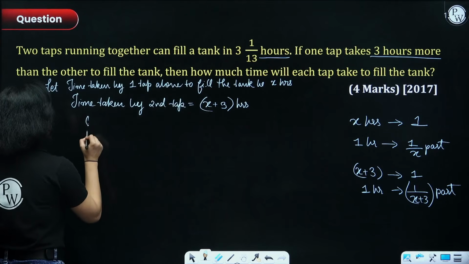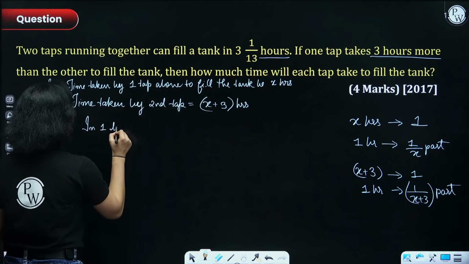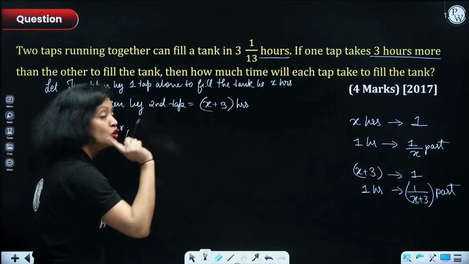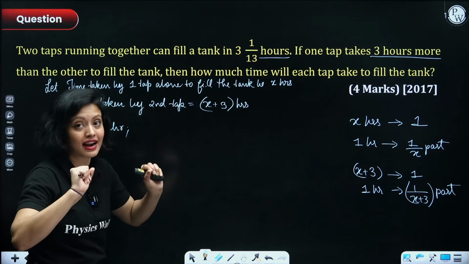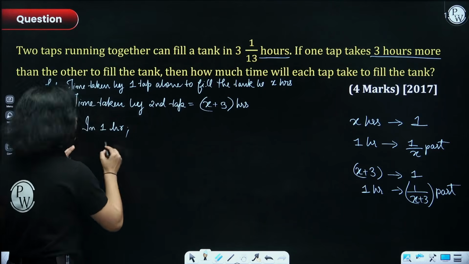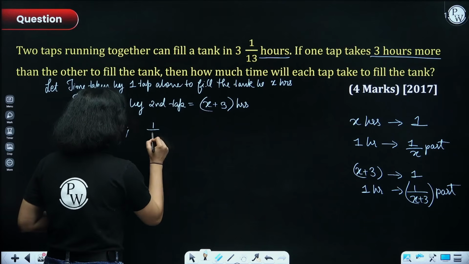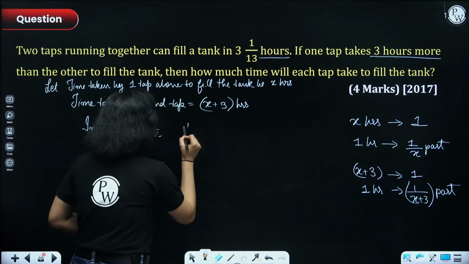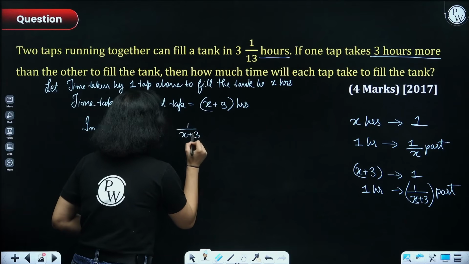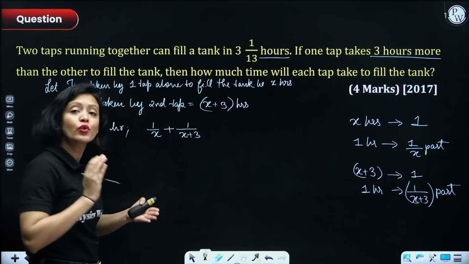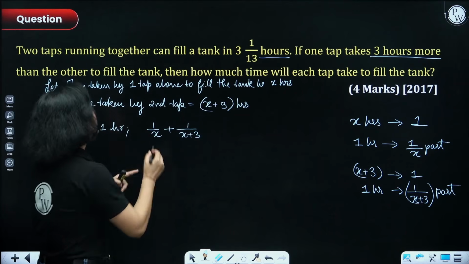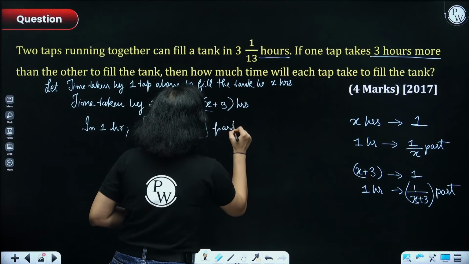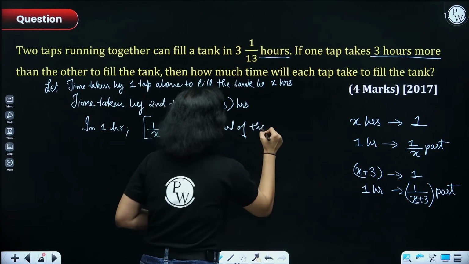In 1 hour, what part of the tank is being filled in total when both the taps are running? In 1 hour, 1 by x part is being filled by the first tap and 1 over x plus 3 part is being filled by the second tap. So in total, in 1 hour, 1 by x plus 1 by x plus 3 part of the tank is being filled.